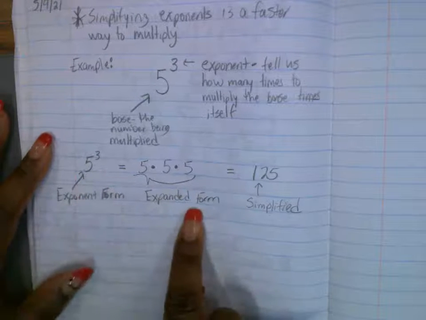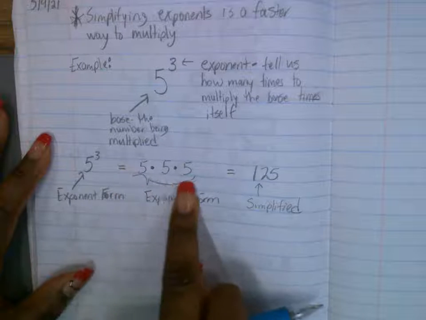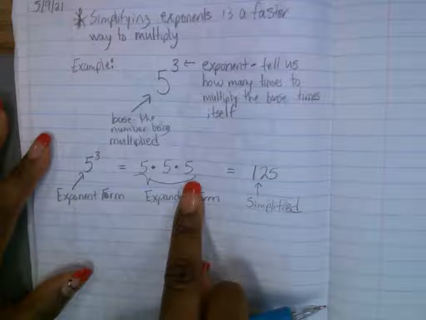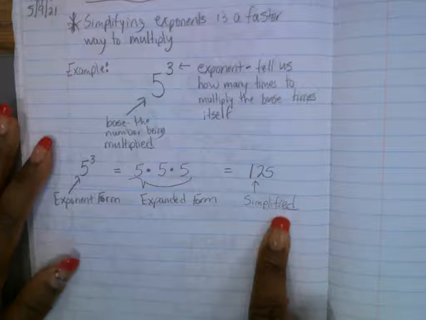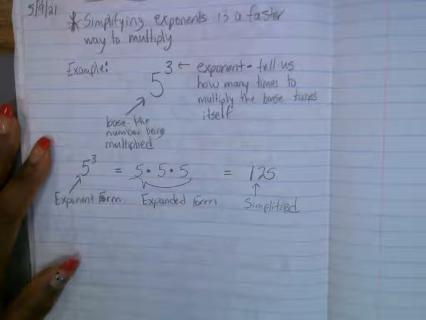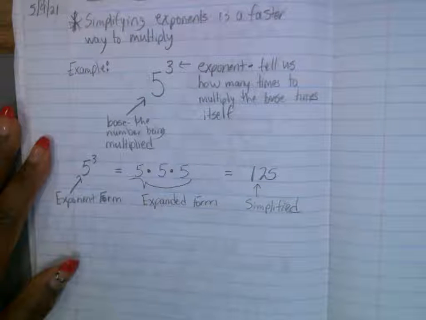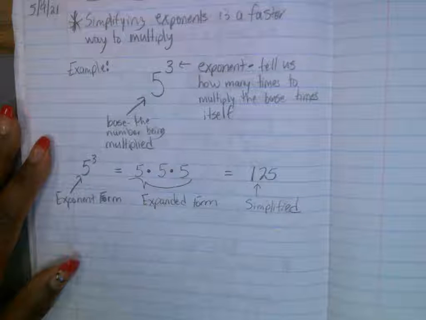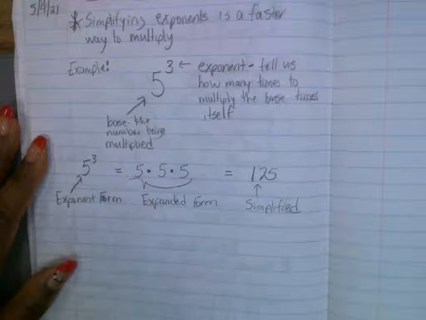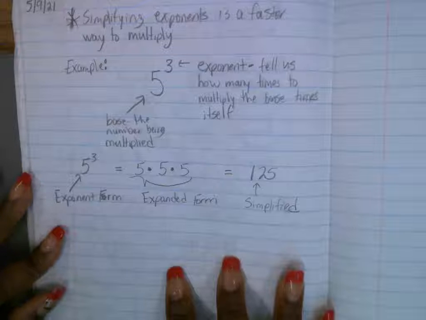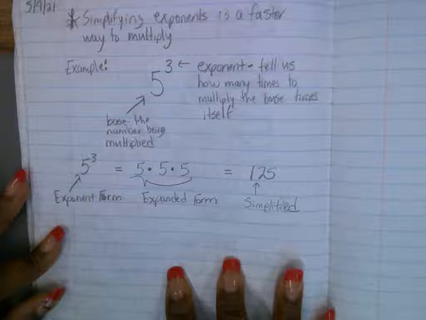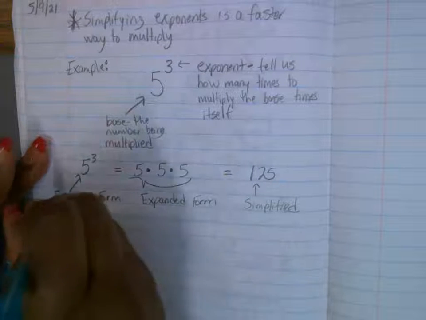The expanded form is when you write it out completely. And the simplified form is when you completely solve the answer. You get one answer. Any questions about that? Okay.